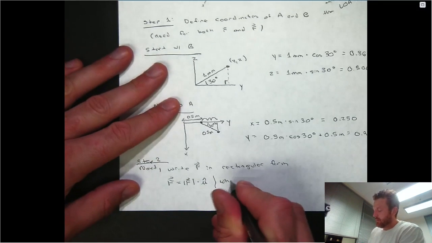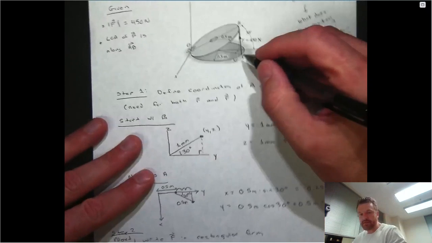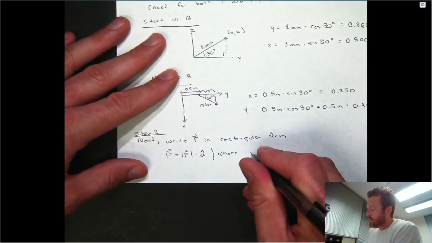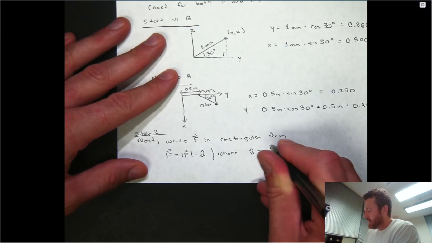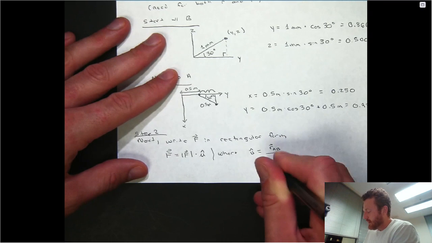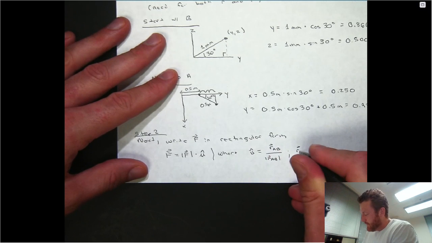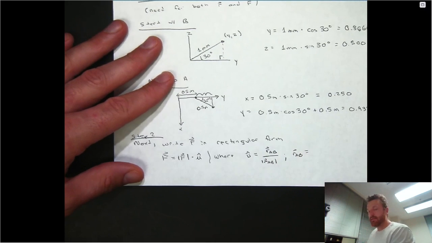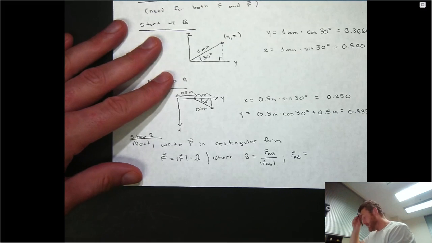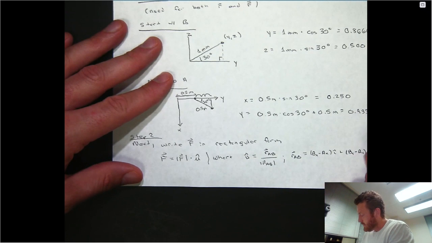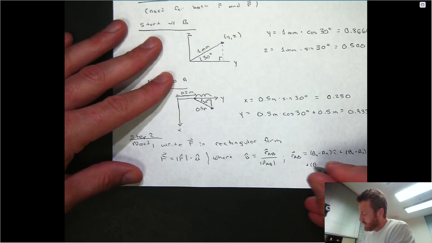In this case, we can see from our original problem geometry that F is directed along a line from A to B. So I can write u as RAB divided by the magnitude of RAB, where RAB is just going to be the x-coordinate of B minus the x-coordinate of A times i hat. Do the same thing for the y-coordinates and do the same thing for the z-coordinates.